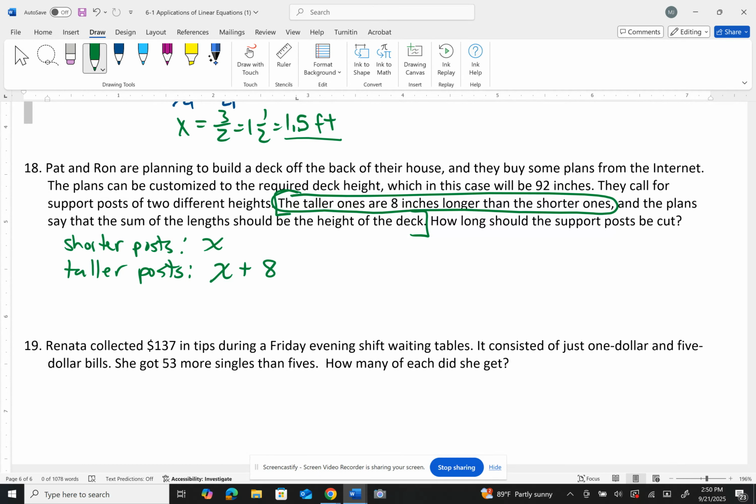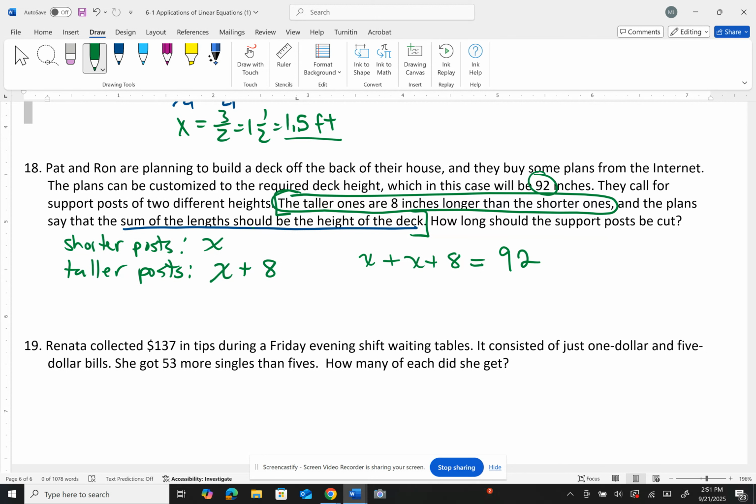But where the equation is going to come from is when it goes on and says that the sum of the lengths should be the height of the deck. That is going to give it to me. Should be is like the equal sign, the sum of the lengths. So if I took the X and the X plus 8, that's the sum of the lengths, and it should be, which is equal, the height of the deck, which they told me was 92 inches.